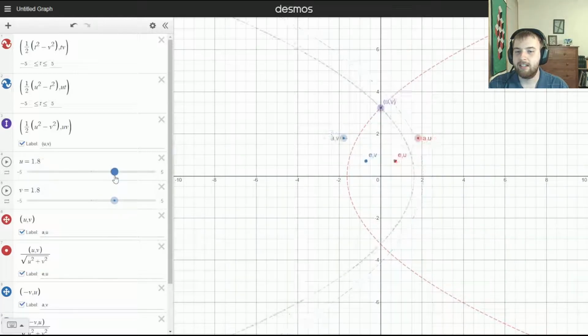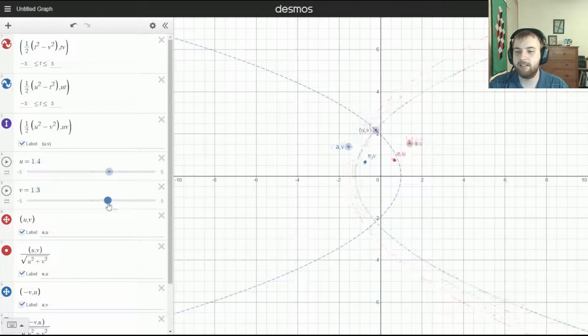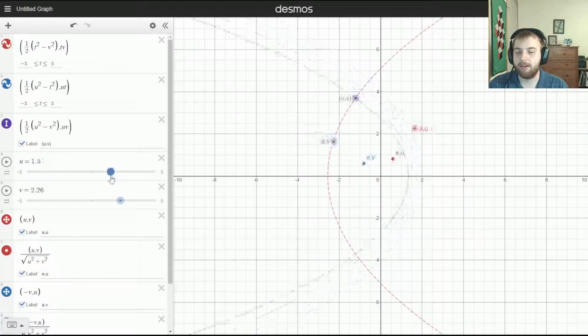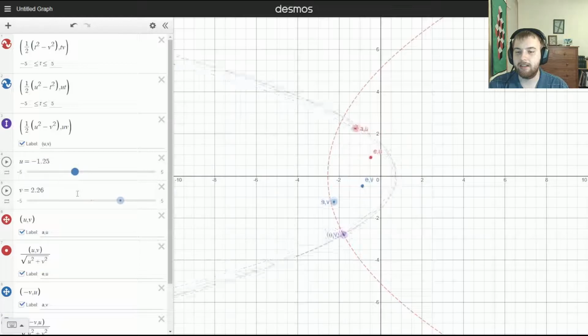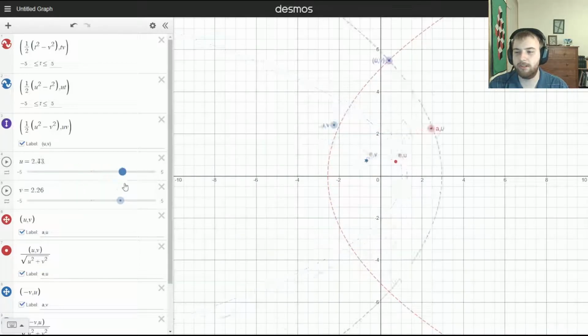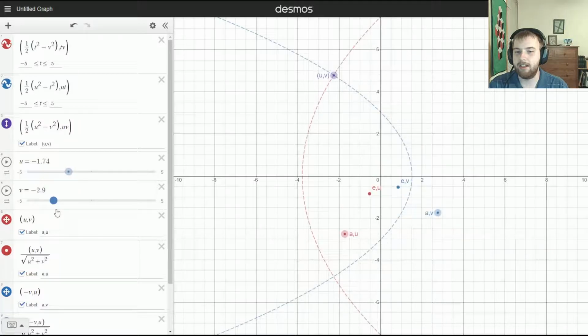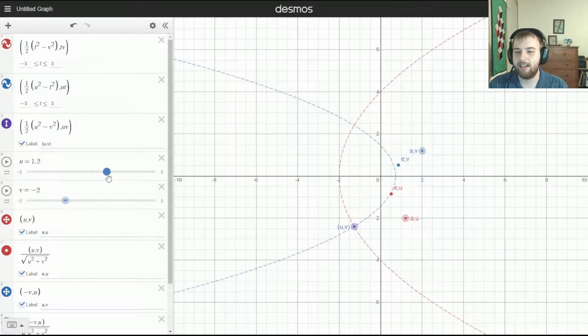All in all, this is a rough thing to visualize. I didn't really understand pretty much anything about what was going on here until I made this demonstration. There are all sorts of interesting properties about this. Like if I go negative on the u and then go negative on the v, it brings me back to the same spot where I was.